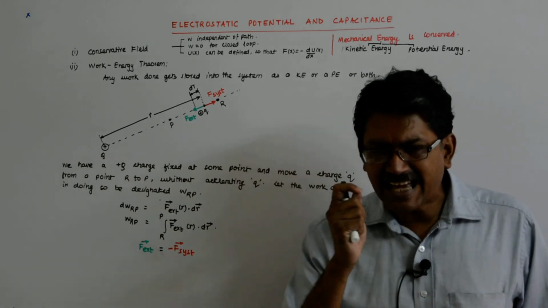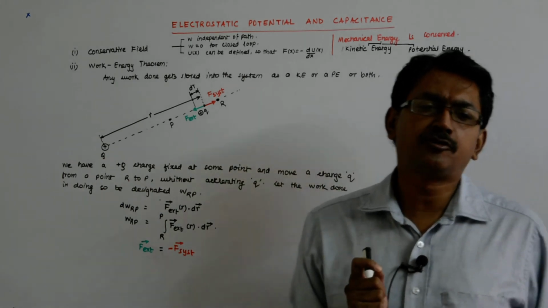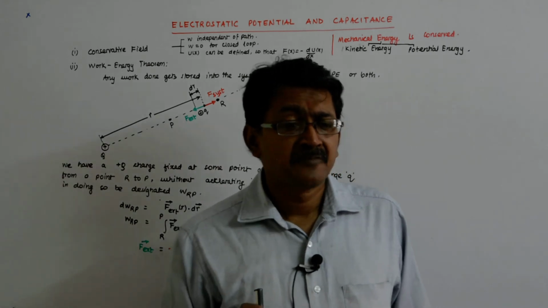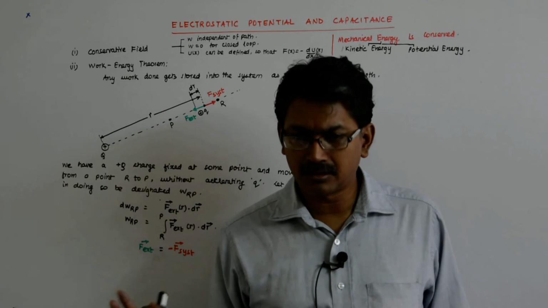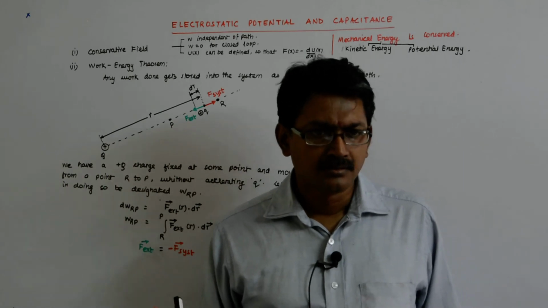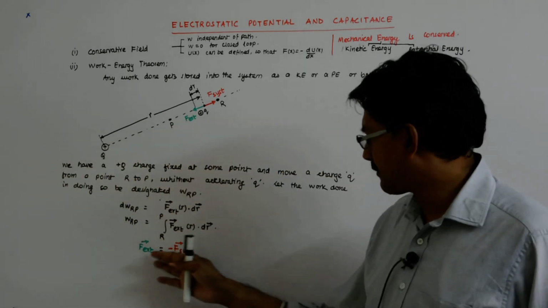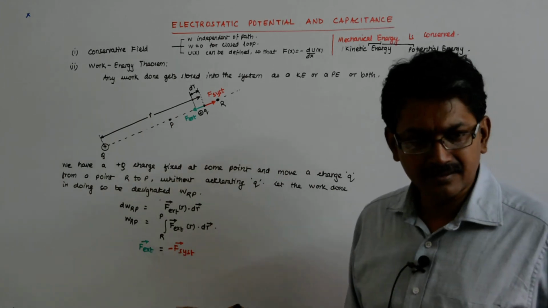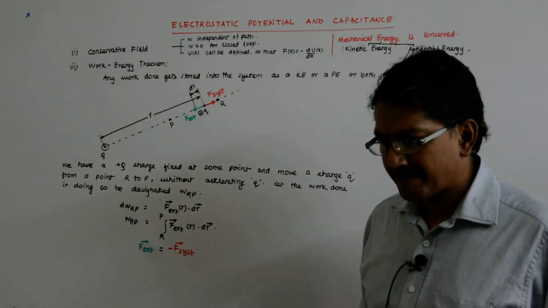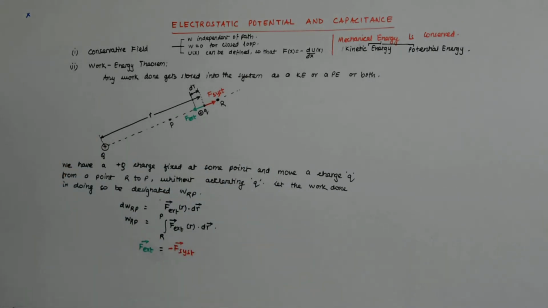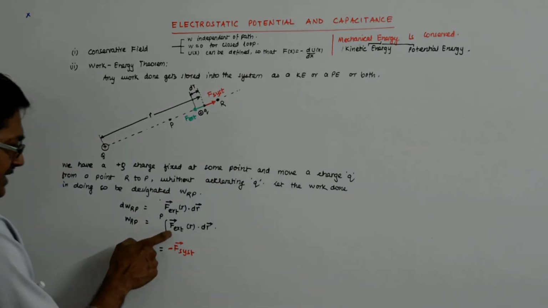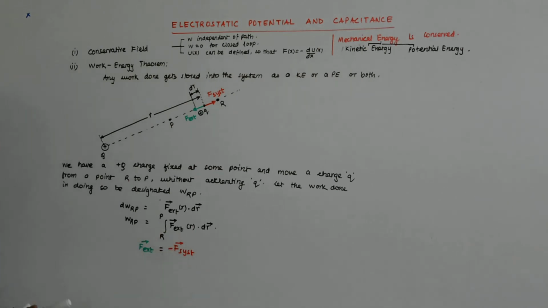If it is exactly equal, then the unbalanced force will be 0, and the system will not accelerate at all. It will be at rest. It will never budge. Okay, now I can write this as F external is minus F system.